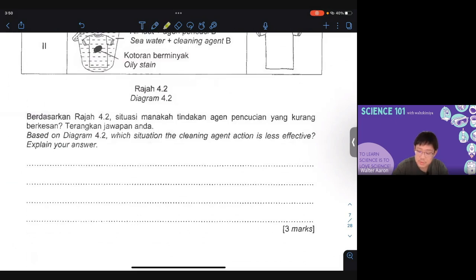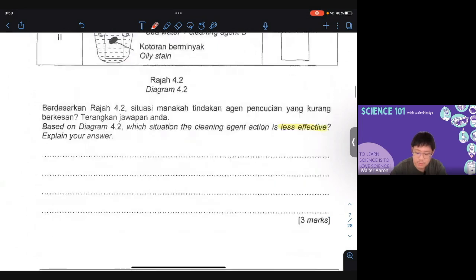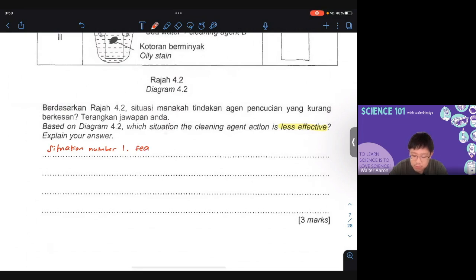Explain answer. So here, the less effective one is situation number 1. Okay, so you say here, situation number 1. Okay, now after I explain why, in this case, you must explain in terms of hard water.